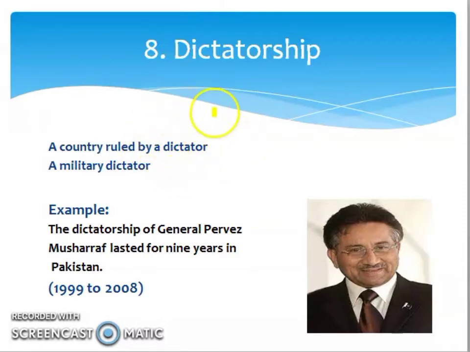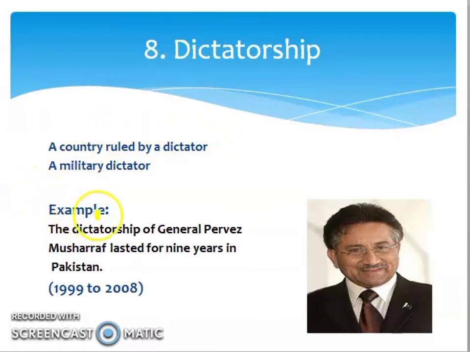In democracy, the government is formed by the will of people, by the choice of people, right? But in dictatorship, whoever dictates rules by his own say, whatever he wishes, he does, right?